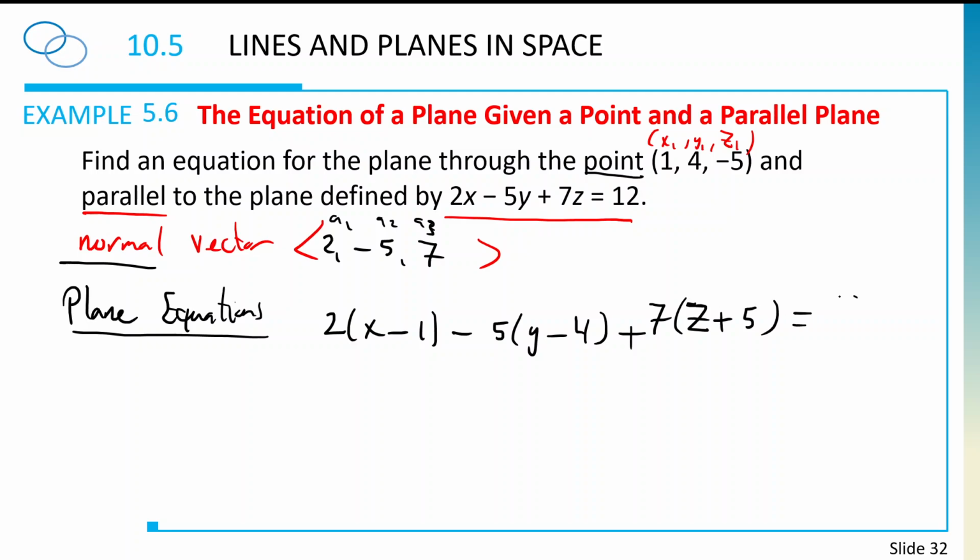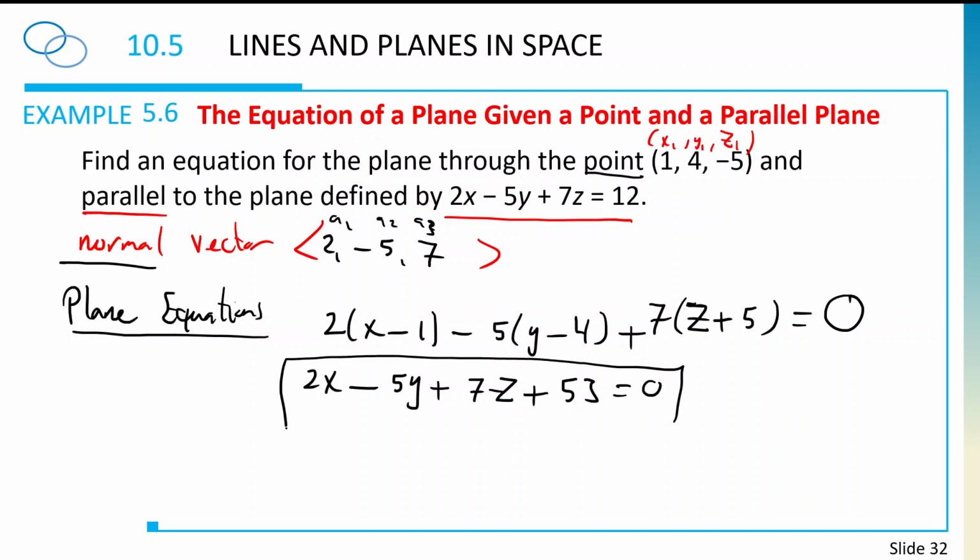This is all equal to 0. Try to simplify. You'll get 2x minus 5y plus 7z plus 53 equals 0, and this is the plane equation. Okay, so you see, all of the cases take you back to the original case, the first case.